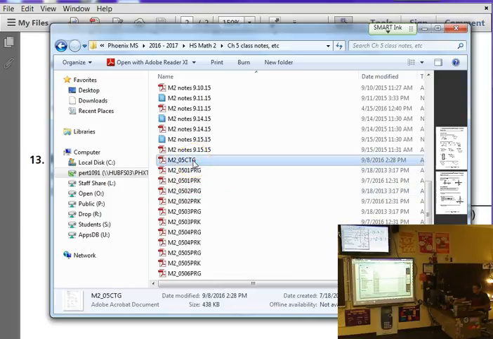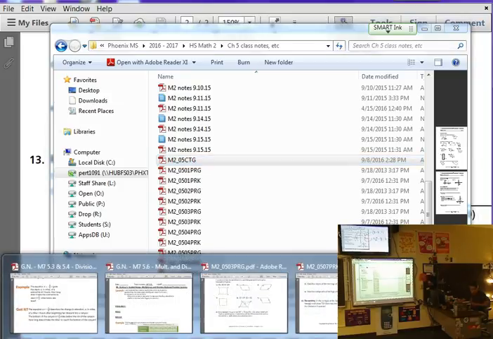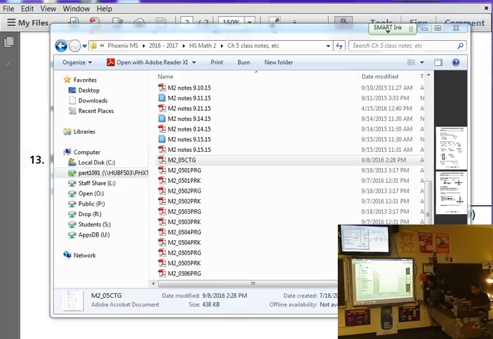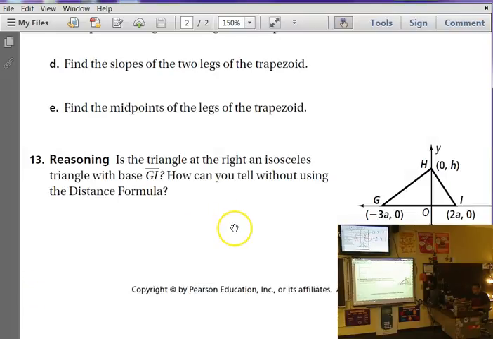Here. Are you sure? I'll come back to that. My computer's just way too slow. We could talk about question 13 while it's loading.